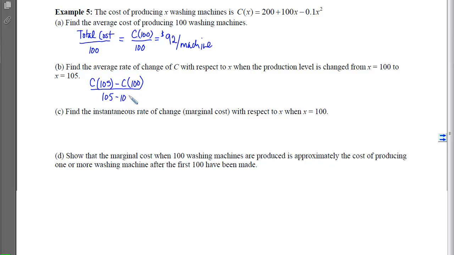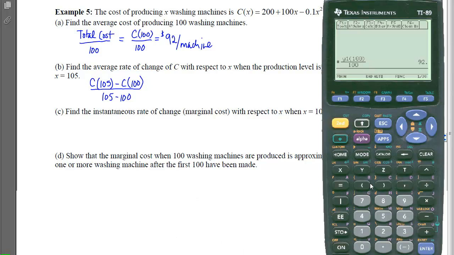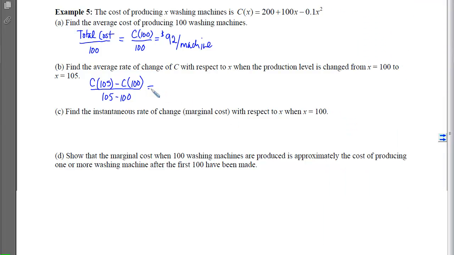So again, we'll go to our calculator, and this time we will do Y1 of 105 minus Y1 of 100, close the top, divide by that 105 minus 100. Diamond enter again, and we get 79.5. The units will still be dollars, because that's how we're measuring the cost per machine, because we've produced these machines.